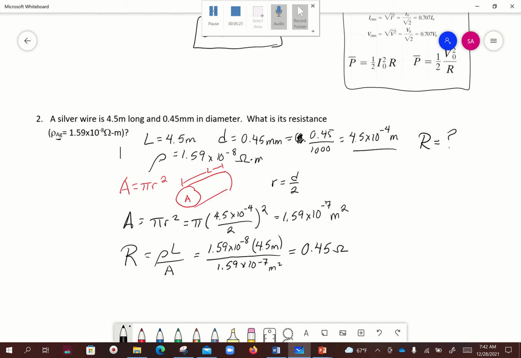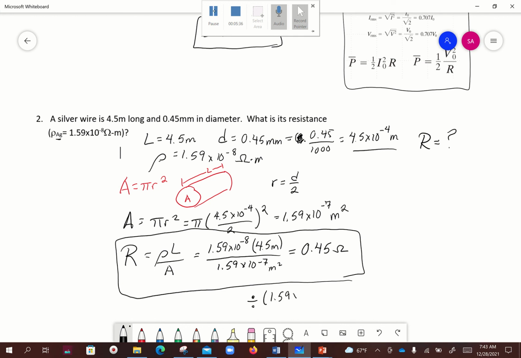So remember, when you're doing these kind of calculations, when you've got something that's got a times 10 to the something in the denominator, when you put it into your calculator, you need to make sure that you do divided by, open bracket, 1.59 times 10 to the minus 7, close bracket.